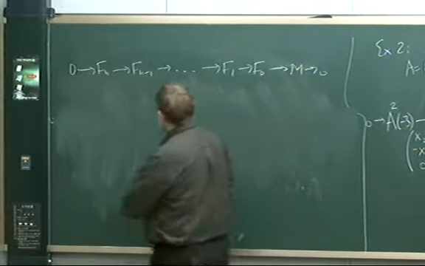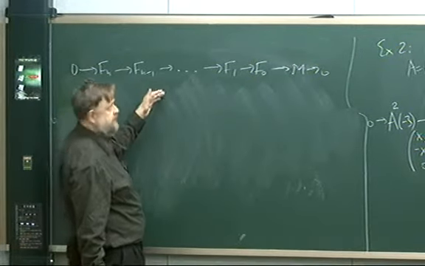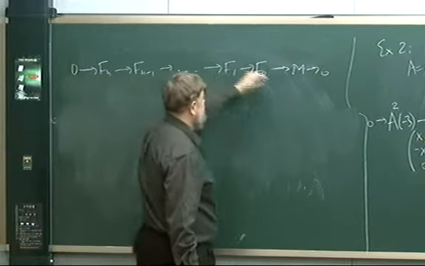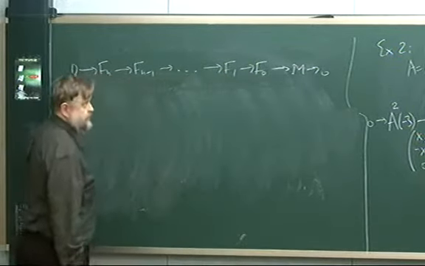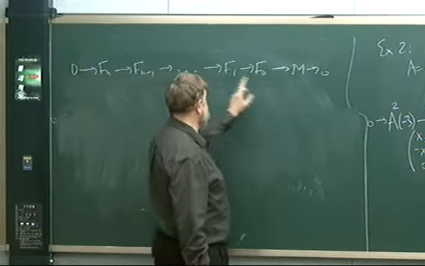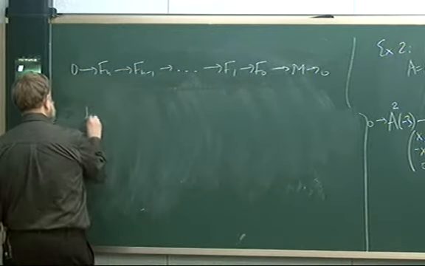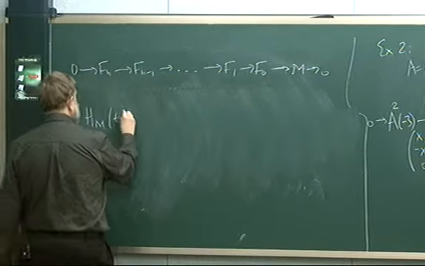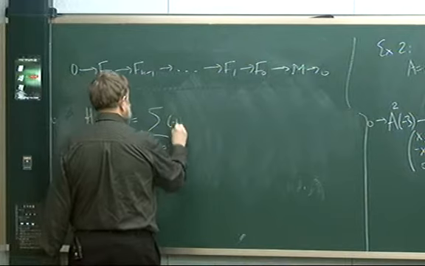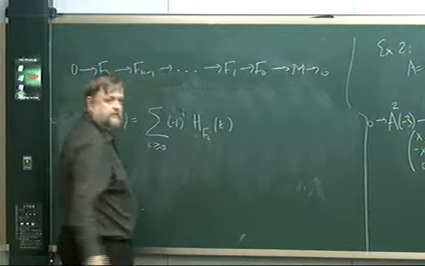then if I look, remember the component of degree i has to go to the component of degree i. That was the agreement. So if I look at the component of degree i, I get an exact sequence of vector spaces over K, finite dimensional vector spaces. So if it's an exact sequence, I have to have the alternating sum of the dimensions. Our characteristic has to be 0. So what I'll have is that H_M(t) equals the summation over i bigger or equal than 0 of minus 1 to the i H_{F_i}(t), right?